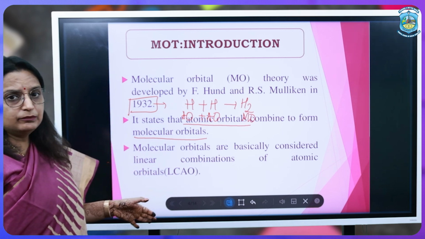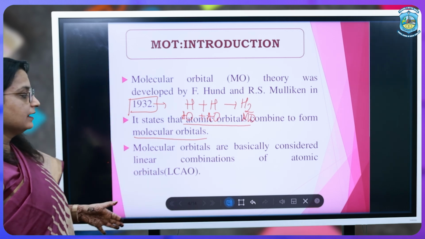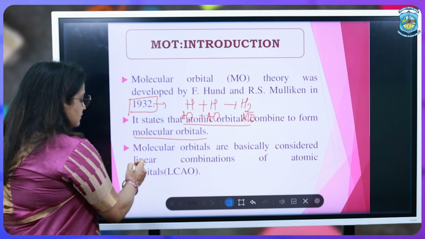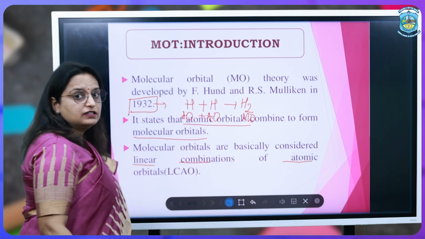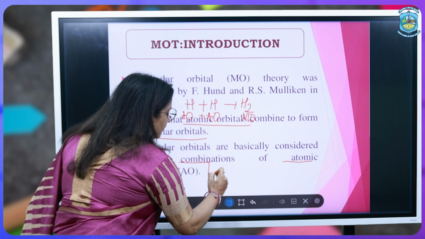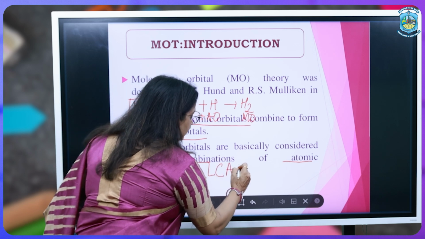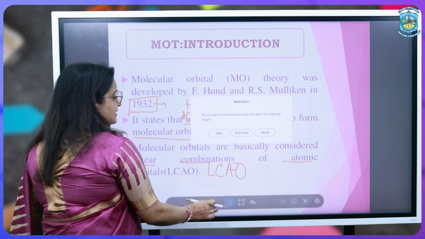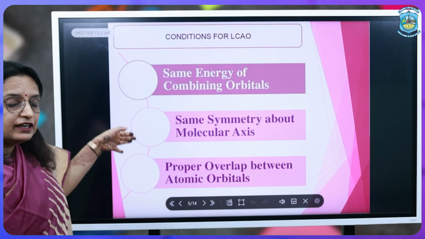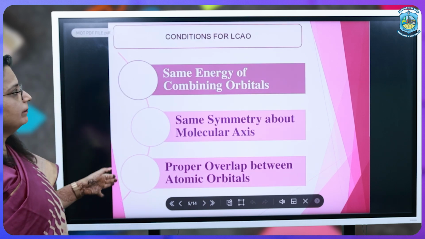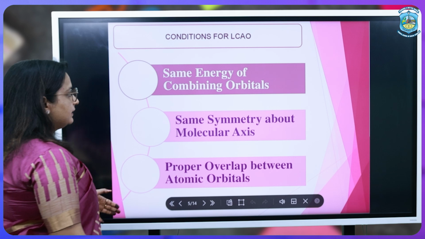And basically molecular orbitals are explained on the basis of linear combination of atomic orbitals, or what we call LCAO. Now, what is LCAO? Before that, what are the conditions for linear combination of atomic orbitals?